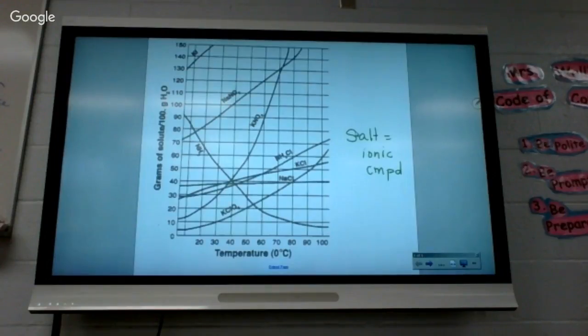You're confused, this is potassium nitrate. That's nitrate.